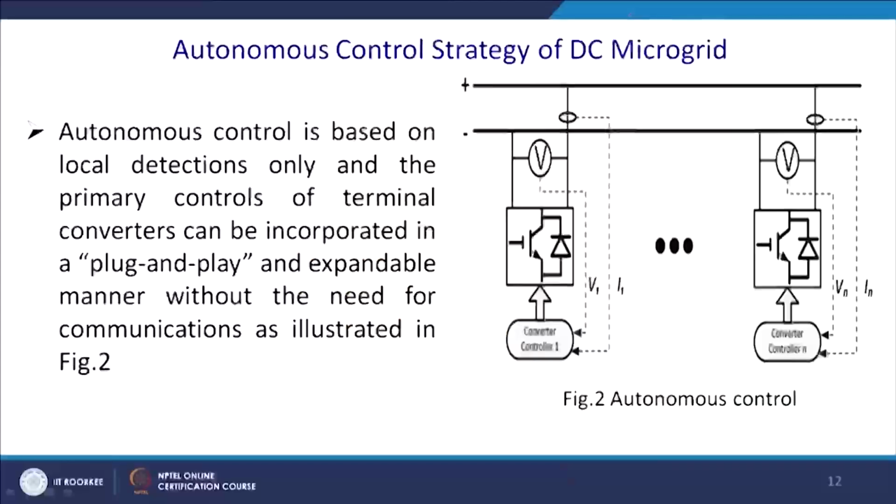So, what happens here: each microgrid is connected to each bus, and each individually tries to maintain the DC bus voltage depending on the slack terminal or the power terminal. The slack terminal will try to maintain the voltage, and please understand that the slack terminal and power terminal are interchangeable. Solar, maybe at 12 noon, has maximum capability, so that can be a slack terminal.